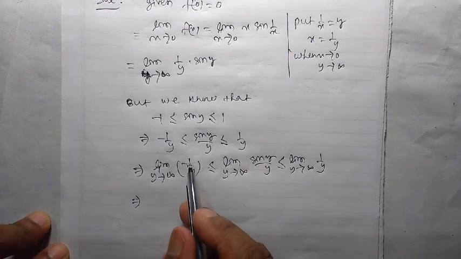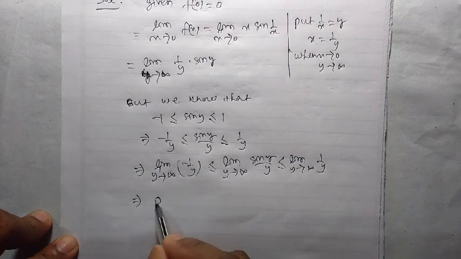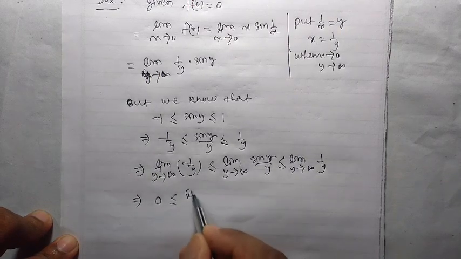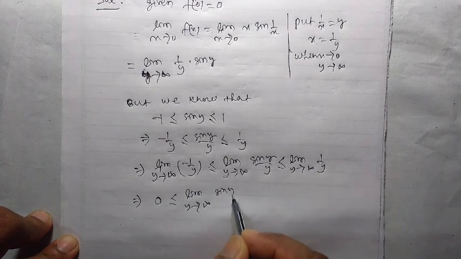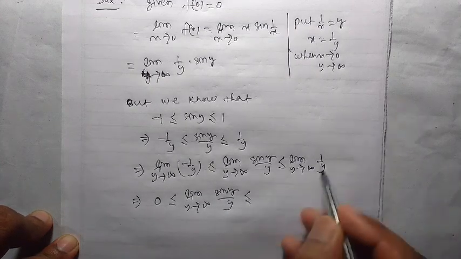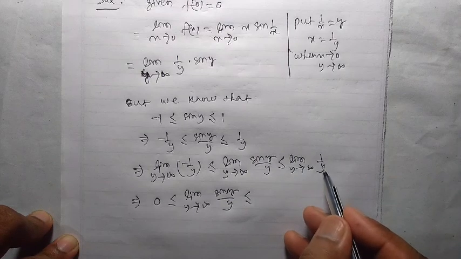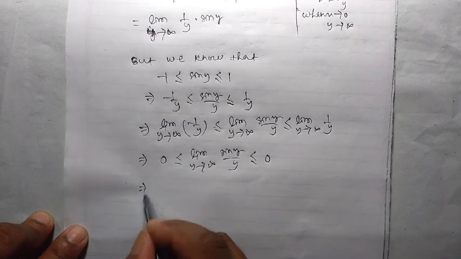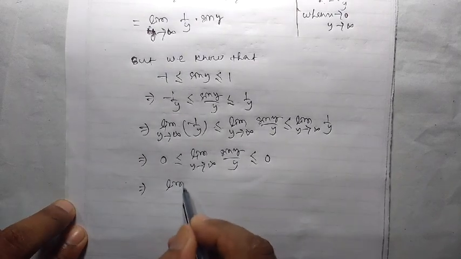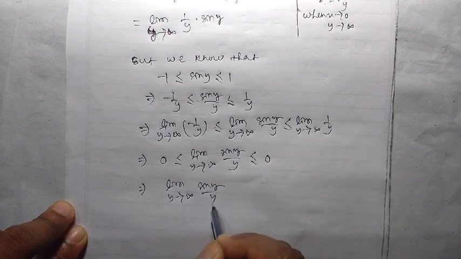You see, minus 1 is a constant, y is infinite. Any constant by infinity is equal to 0. So this becomes 0 is less than or equal to limit y tends to infinity sin y by y is less than or equal to, this is also 0 because 1 is a constant and y tends to infinity, 1 by infinity is equal to 0. This implies limit y tends to infinity sin y by y is equal to 0.